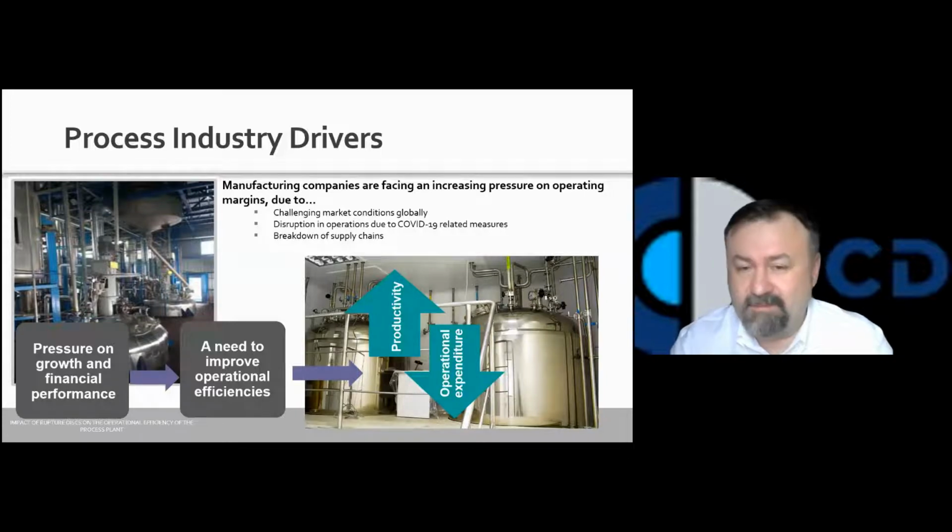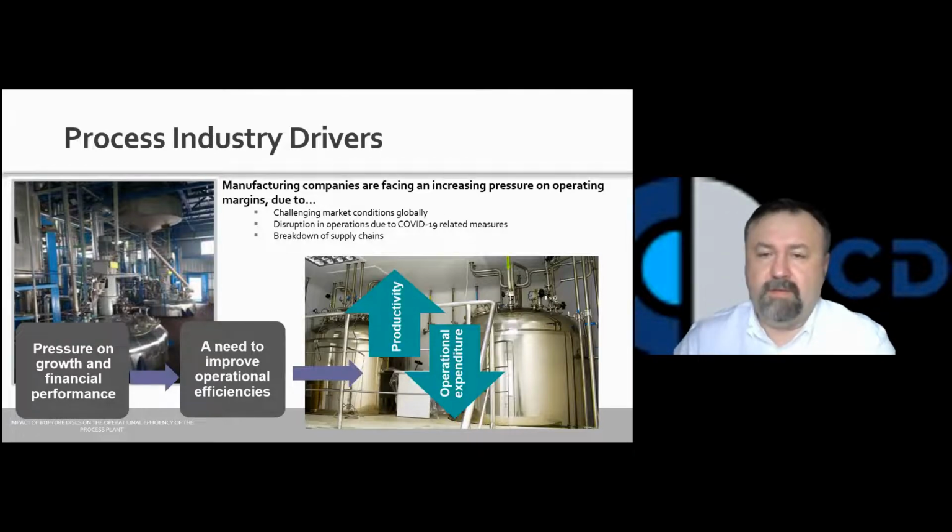You cannot have something for nothing, and with increasing productivity, operational expenditure also increases. What we're trying to do is look at how we can make this relationship, in terms of the use of rupture discs, more positive, with productivity outweighing operational expenditure.